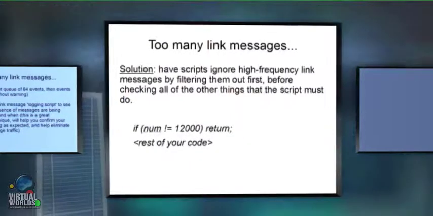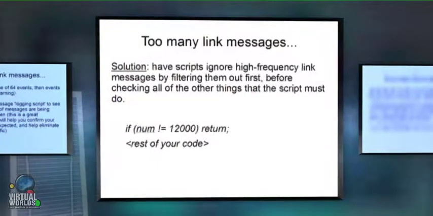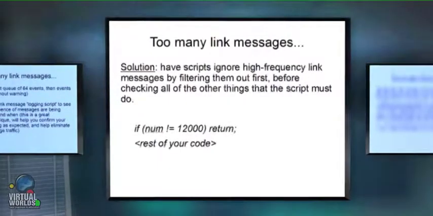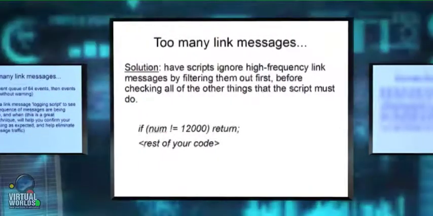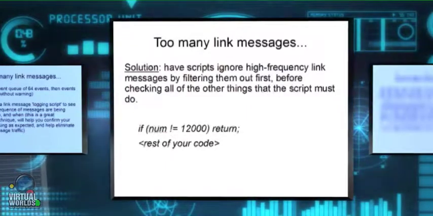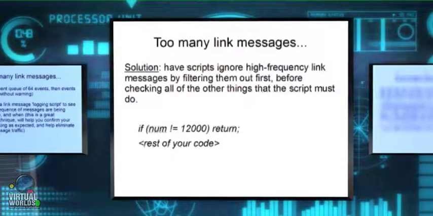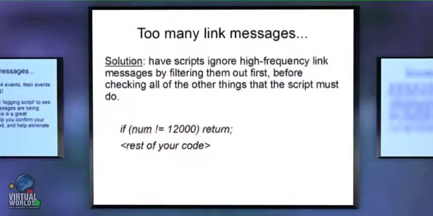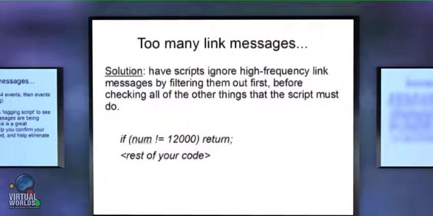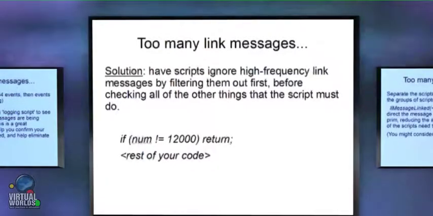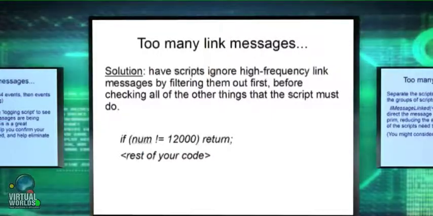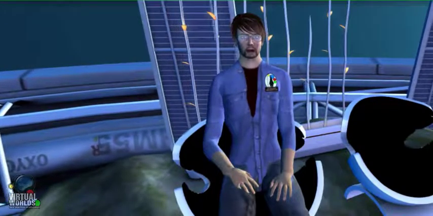So one of the things that you can do with having too many link messages is have scripts ignore high-frequency link messages by filtering them out first before checking all of the other things that the script must do. So let's say the script is responsible for servicing a particular set of, and this is a technique that I've used, where the integer number associated with the link message I use as an API code, if you will.